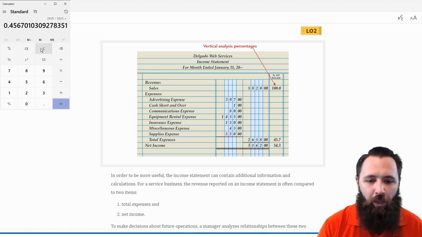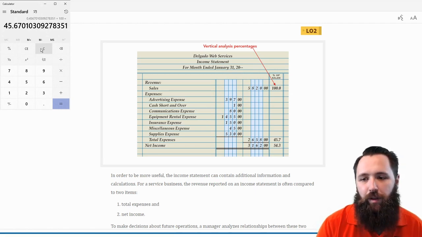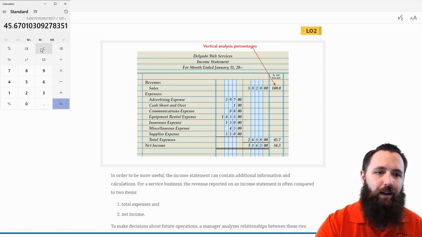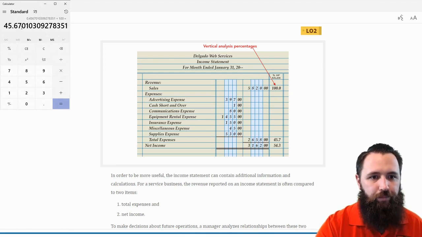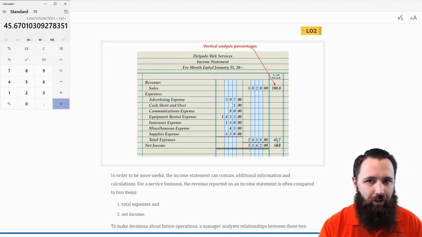Then we times that by 100, and you can see that we get 45.67. We're going to round that to a single decimal point, so 45.7, because the 7 is above 5. So our total expenses compared to our sales is 45.7.